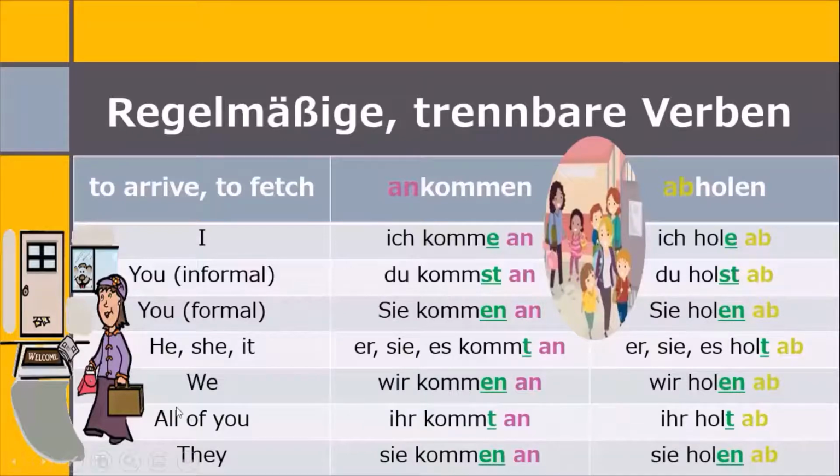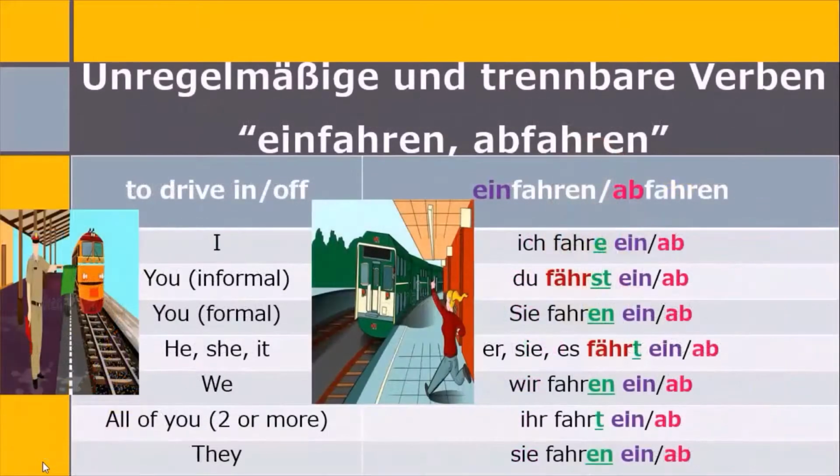Let's first look at some more separable verbs. But this time, the separable verbs are not regular, they are irregular. Unregelmäßig.